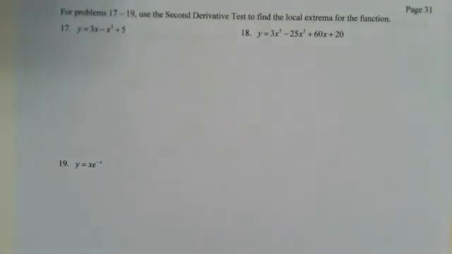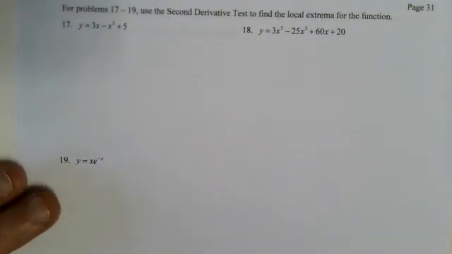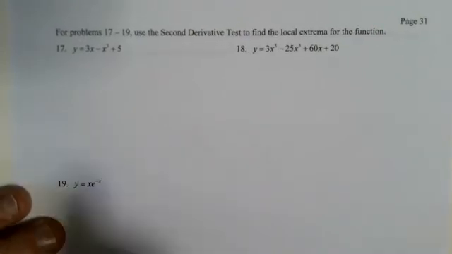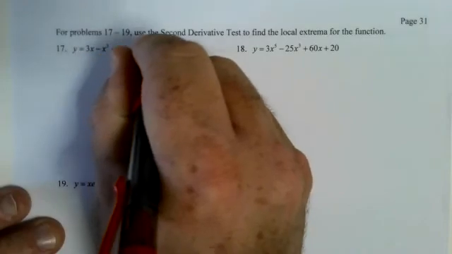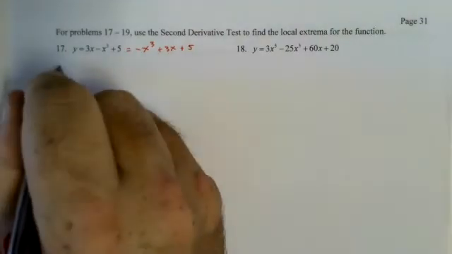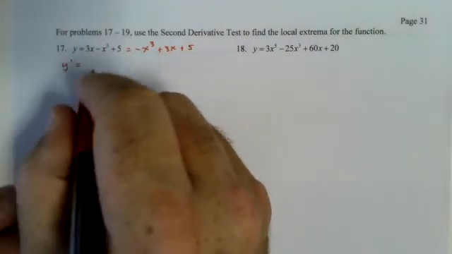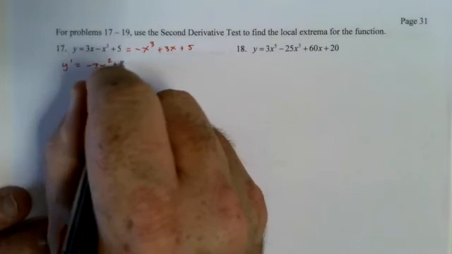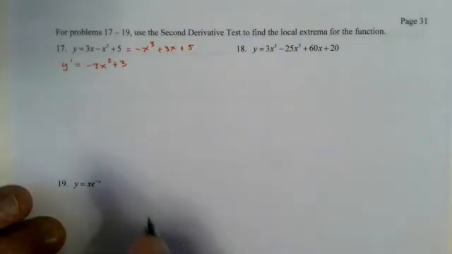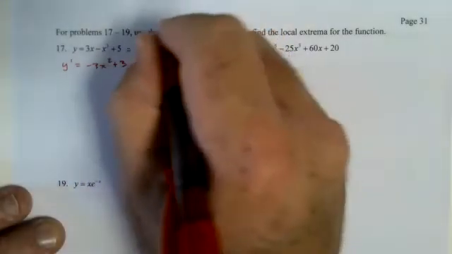Second derivative test. I'm a nerd. I got to put this in correct order. Y prime equals negative 3x squared plus 3. It says use the second derivative test, find the local extreme. Well, that doesn't work for me, so I'm using the first and second.